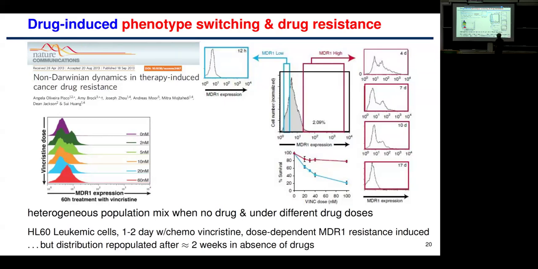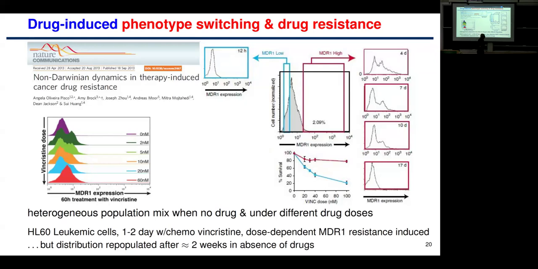If you look at the results after various treatments, 60 hours later, at various dosages, you get a probability distribution. This is a little like what Doran was showing us too. You get probability distributions of the different phenotypes. This is the phenotype that you get. This is not time.